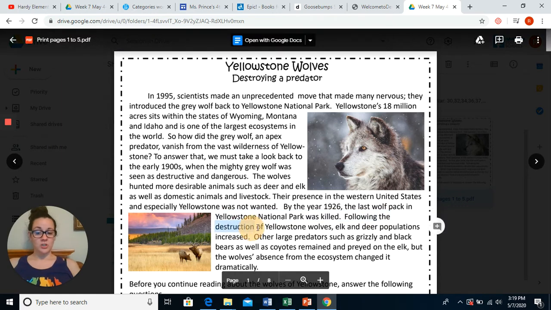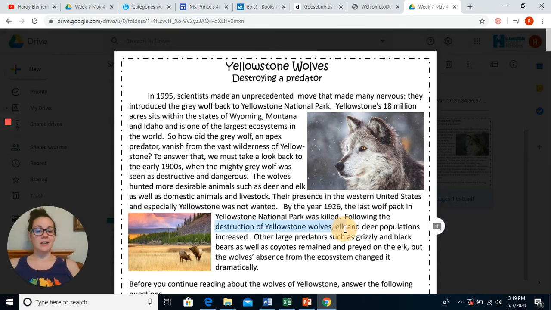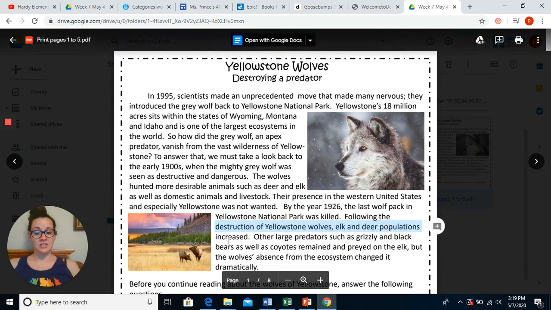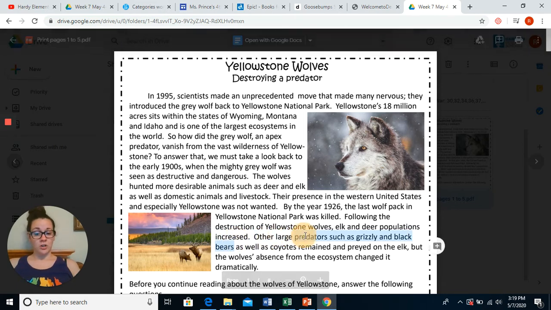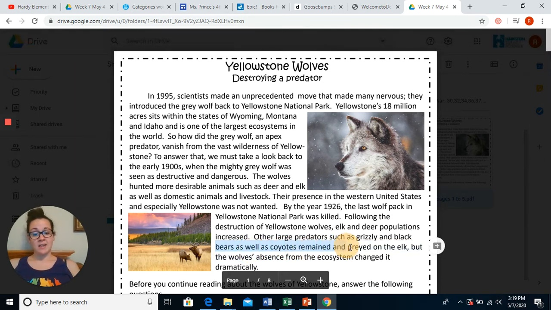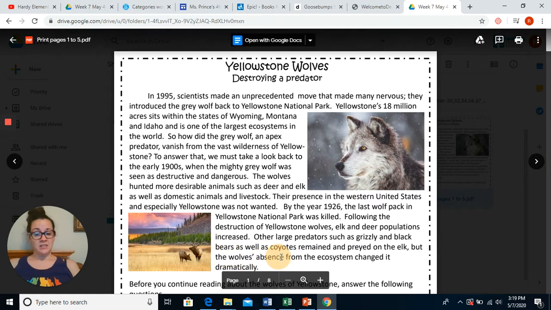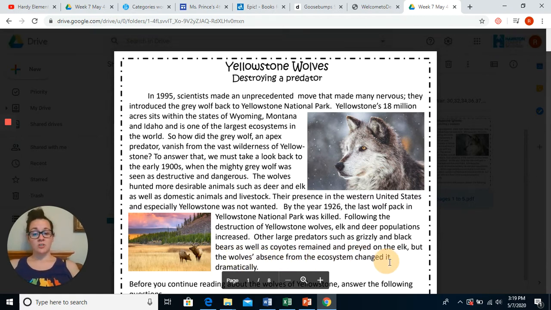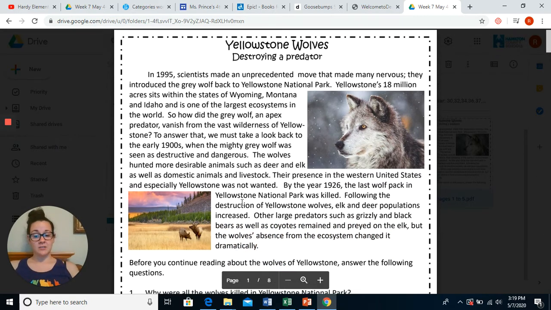Following the destruction of Yellowstone wolves, elk and deer populations increased. Other large predators such as grizzly and black bears, as well as coyotes, remained and preyed on the elk. But the wolves' absence from the ecosystem changed it dramatically.